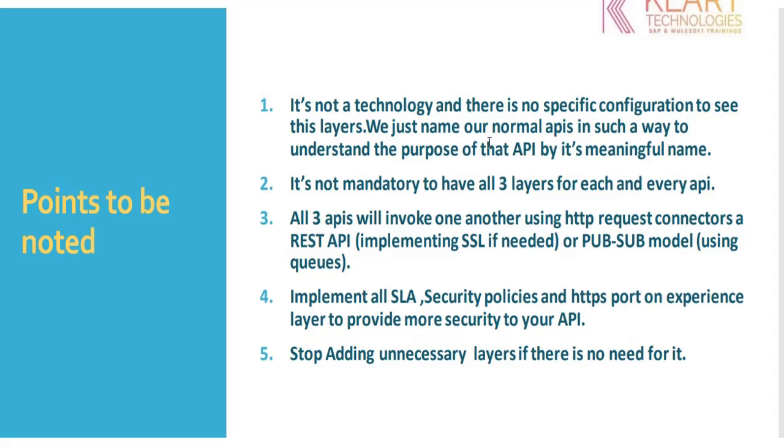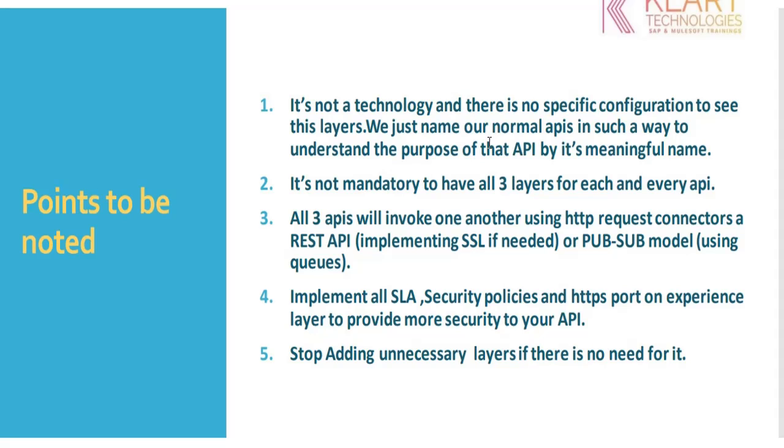That is one thing. Another thing is, if there is no transformation needed for that integration: the system API is mandatory for each and every integration, that is for sure. But among the process API and experience API, a few projects need both based on their requirements, and a few don't.